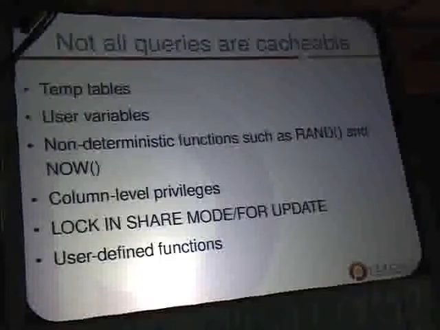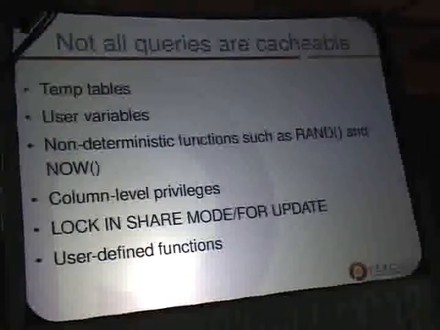Column level privileges. Now this is actually a big one. Column level privileges can introduce a significant query parsing and query execution overhead, and they disable the query cache. And the reason for that is that, again, MySQL does not change the semantics of the query. So it has to understand all about your privileges as well.